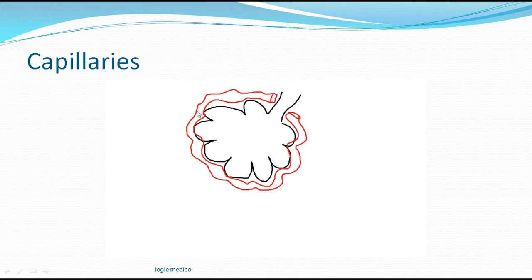Air will come into this alveolar sac. Surrounding this alveolar sac, there are blood capillaries present in the lung. We call them pulmonary capillaries. Obviously, blood will fill the capillary. This blood is deoxygenated, carbon dioxide rich blood. So CO2 will be abundant here, and here O2 will be abundant.